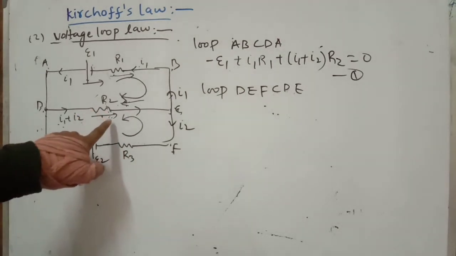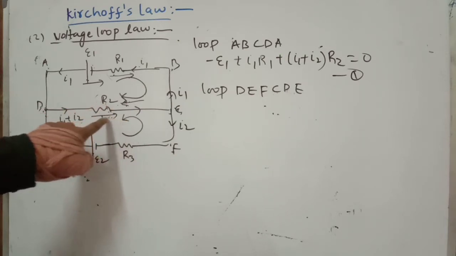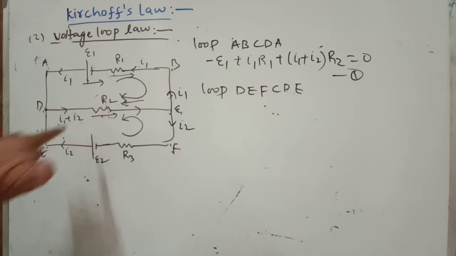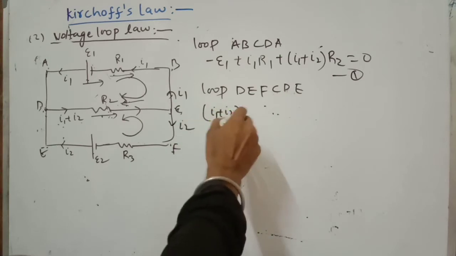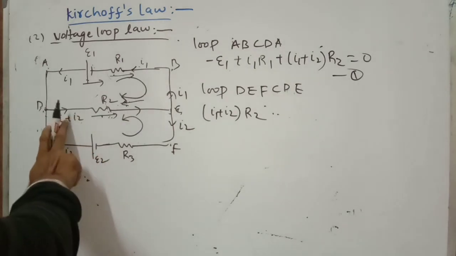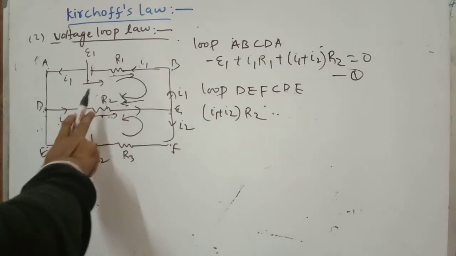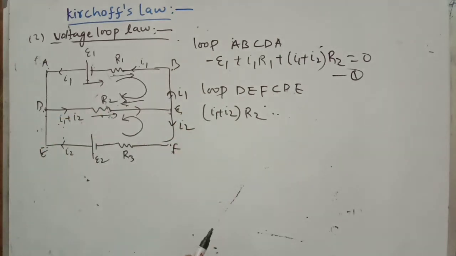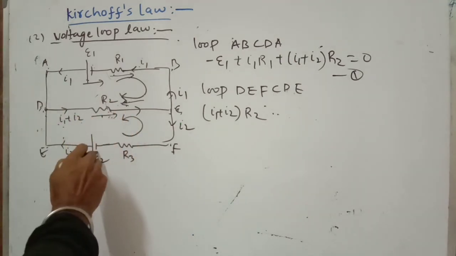Here the considered direction and the current direction through R2 are opposite to each other. So the potential difference across R2 we write positive. Already told in the second statement, if the current direction and considered direction are opposite, then the potential difference across R2 we write positive. After that comes a cell.